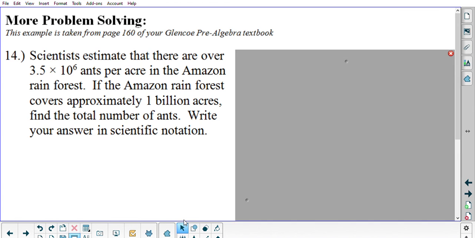So what do I have to do? Is this a division problem again, like number 13? Well, I know that it's over 3.5 times 10 to the 6 ants per acre. And what do they give me? The number of acres. So this is the situation where you are going to take per acre times the number of acres.